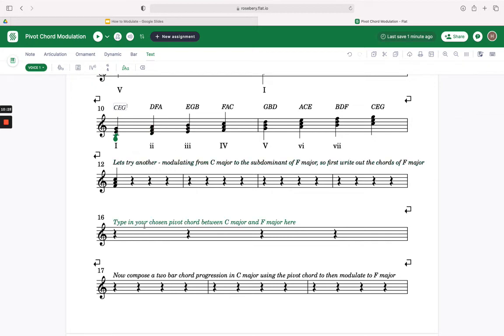If you pause me here and have a go at that. Okay, now see if you have any chords in common between your F major chords that you just wrote out and the C major chords written here that you can use to be your pivot chord.